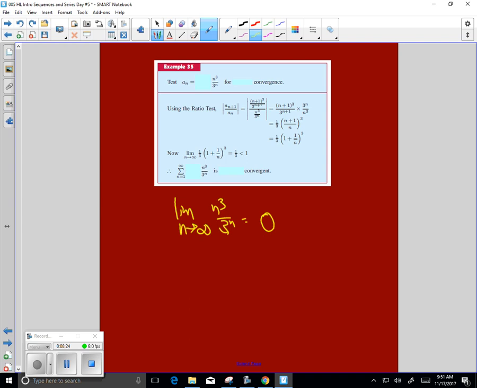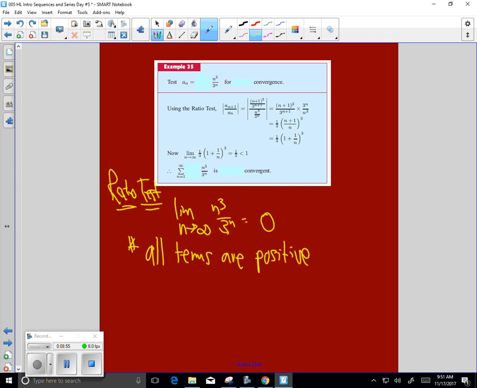Now, we're going to use the ratio test, and here's how the ratio test works. You need to make a statement that all terms are positive, and that has to be listed whenever you use the ratio test. So if you see ratio test, you're going to write all terms positive. It's a requirement because if you put in 1, 2, 3, 4, 5, aren't they always going to be positive?